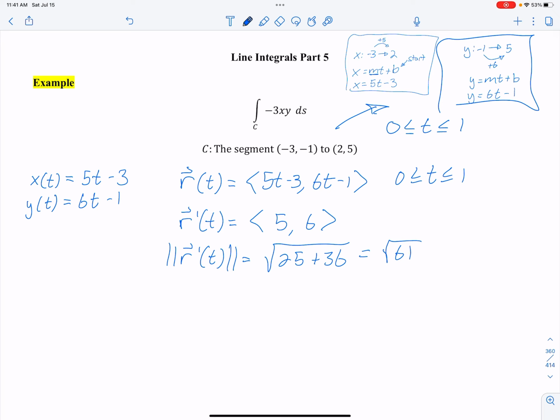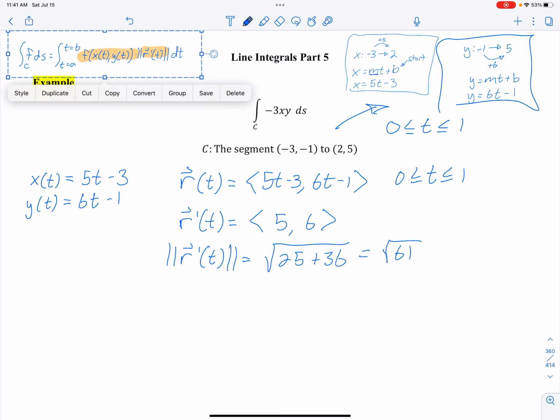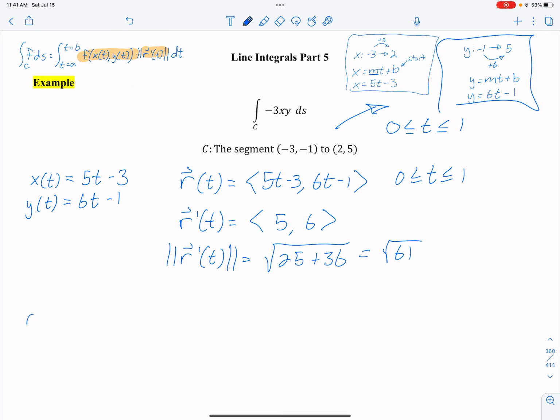All right, now we can actually jump to our integral. We have our definition. I'm going to put it in terms. So we have the integral over C of -3xy ds is equal to the integral from t equals 0 to 1. I redefine my x's and y's with what they are: (5t minus 3) times (6t minus 1).